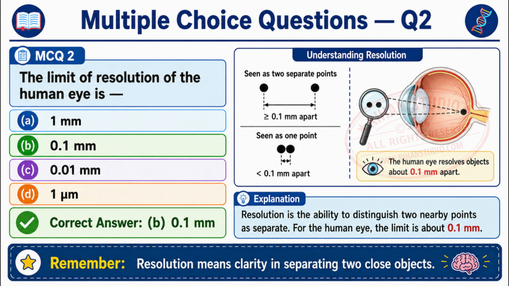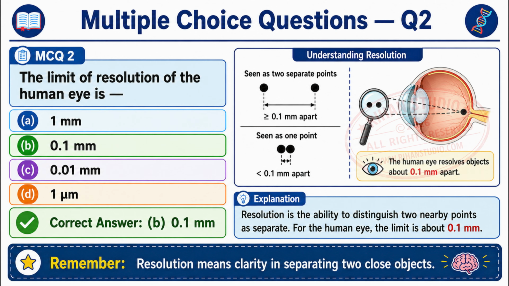3. Which organelle is called the powerhouse of the cell? A. Ribosome, B. Golgi apparatus, C. Mitochondrion, D. Lysosome? Answer: C, mitochondrion. 4. The green pigment in chloroplasts is A. hemoglobin, B. chlorophyll, C. melanin, D. carotene?